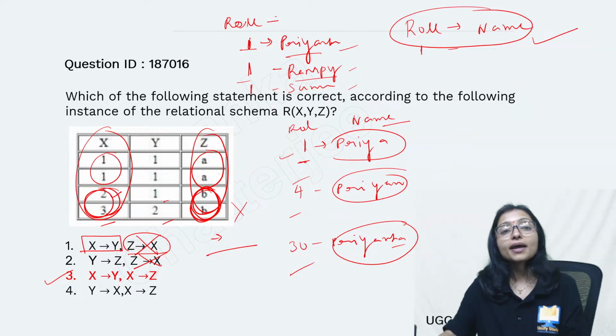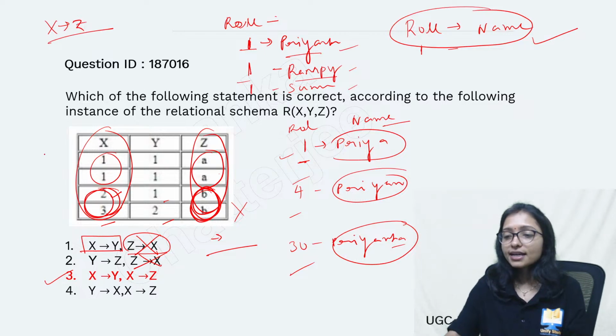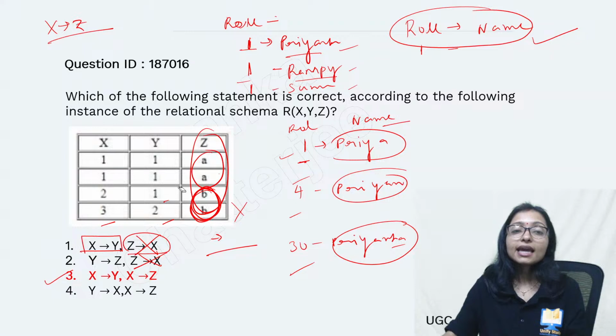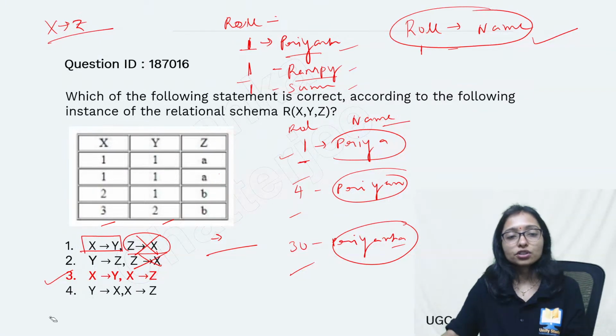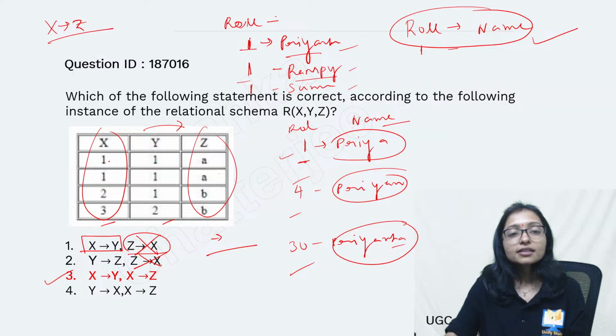But X implies Z is present. Very interesting question. Why? Because now I am telling X is deriving Z or not. Check it. X is the main one, and Z. X implies Z or not? For X you can see 1, 1. Here it is AA, for the same value, same.